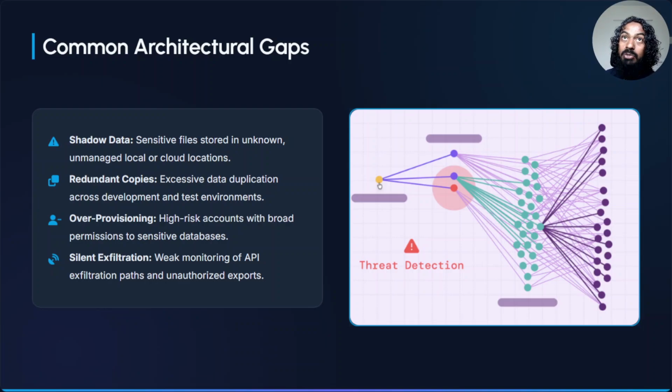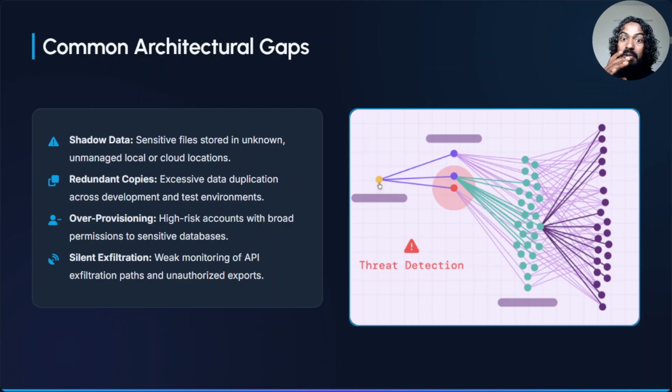And then duplicate data everywhere. Data is getting duplicated for some reason, then not being deleted, so it exists in multiple locations which you're not tracking. Then no visibility in movement, as we discussed in one of the examples. If your data is moving from one system to another system for some business use cases, it must be visible, it must be monitored, right?